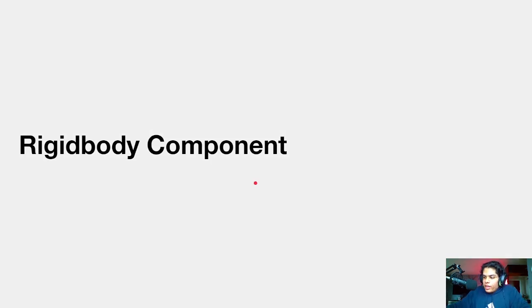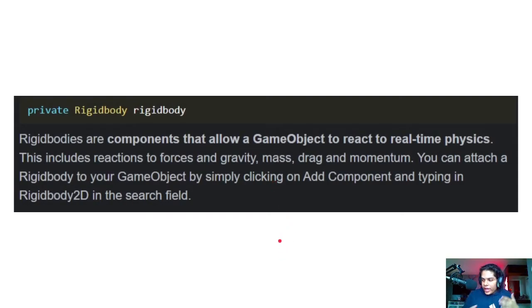Okay? Now, rigid body, if you want to start off with the idea of rigid body, you should always picture that because of rigid body, you're able to fall down, right? So, let's say I have a pencil here. Because of rigid body, it's falling down. Always think of it that way. It's basically physics. The idea that you should see behind rigid body in your brain is always physics. It's allowing an object to react to physics.